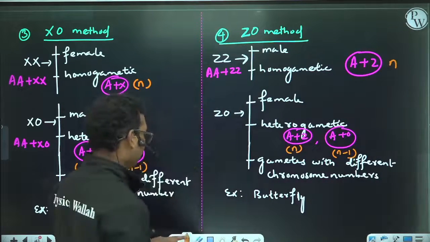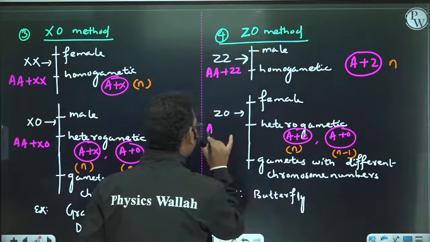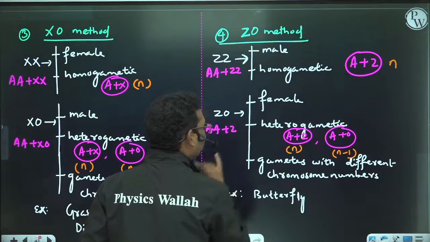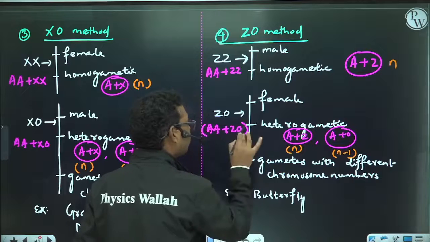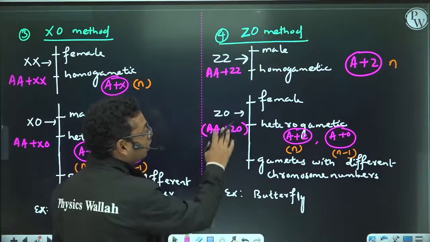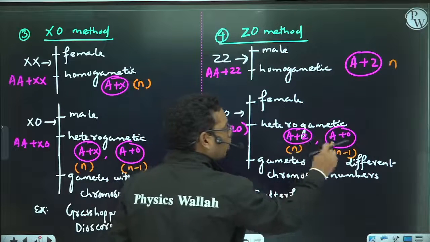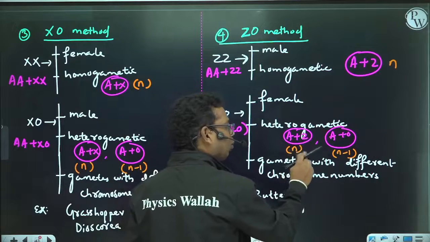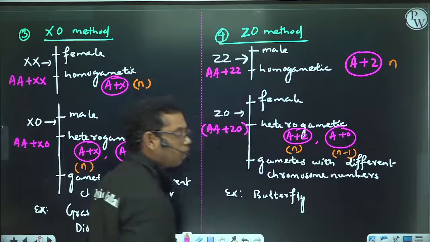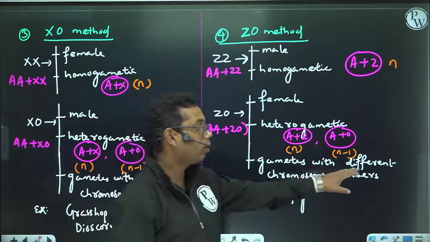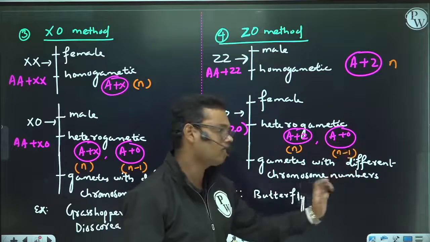And if the individual is having two autosomal sets and one Z chromosome and no other sex chromosome, then that individual will be female. It will produce two types of gametes. One is haploid and this is N minus 1.